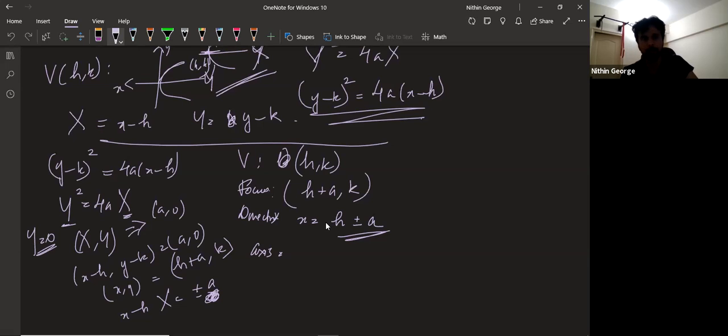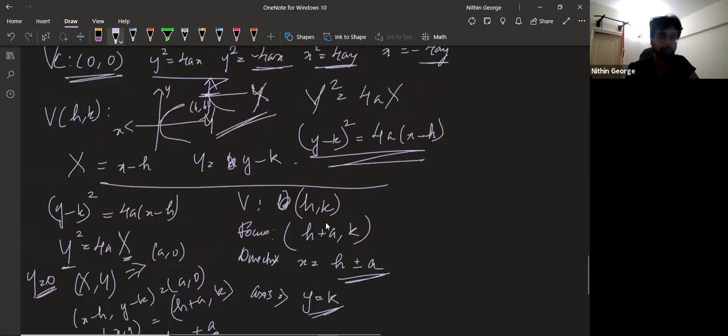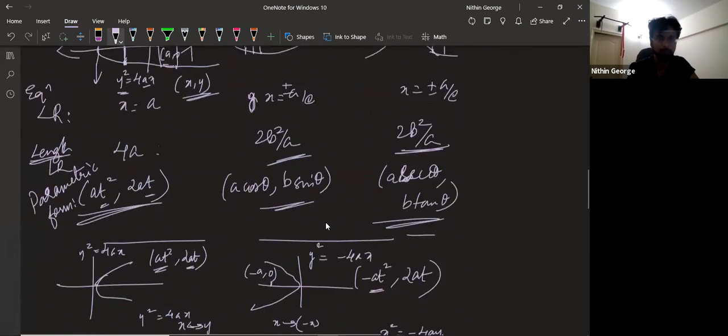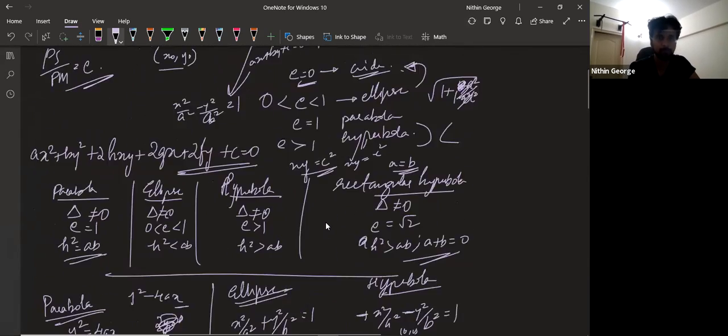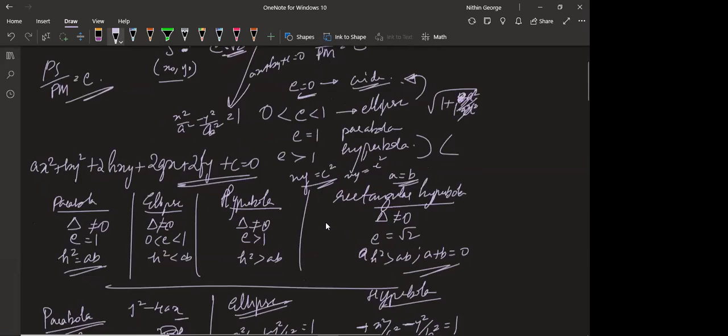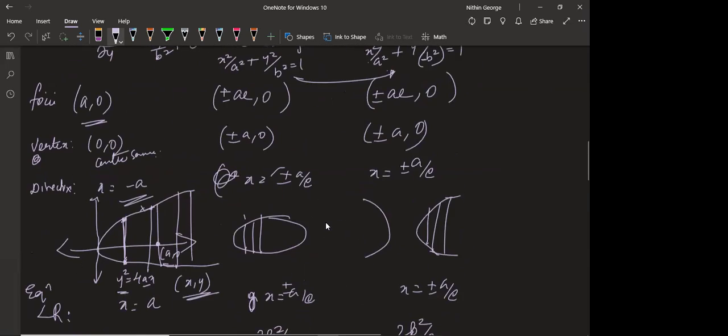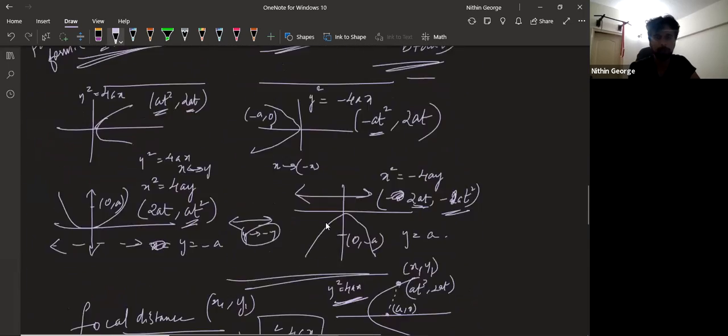So here it will be y minus k equal to 0, which means y is equal to k will be the axis. I hope you understood this. Now, length of latus rectum. Did we discuss that? Okay, 2b squared by a. Fine. We have this much with us.